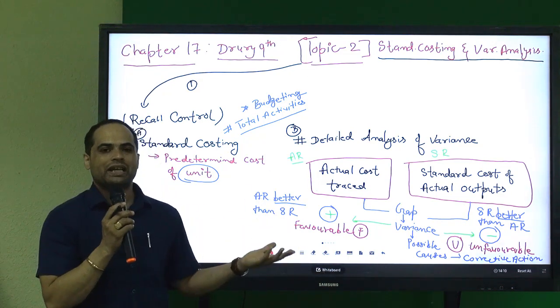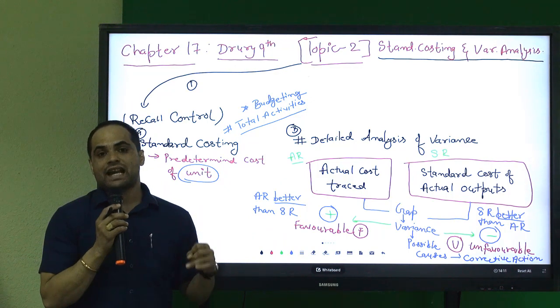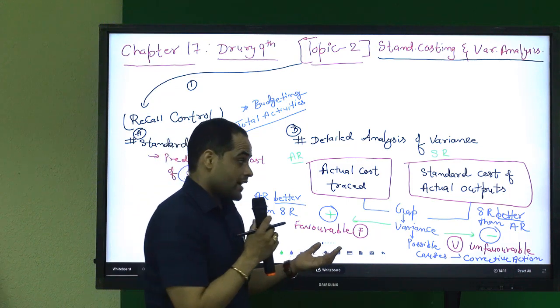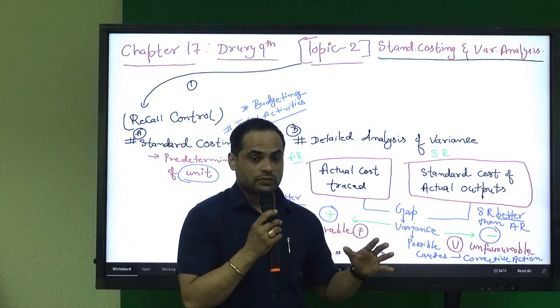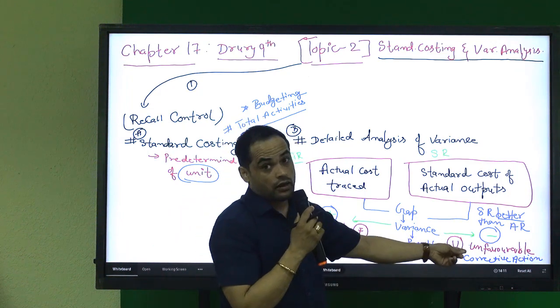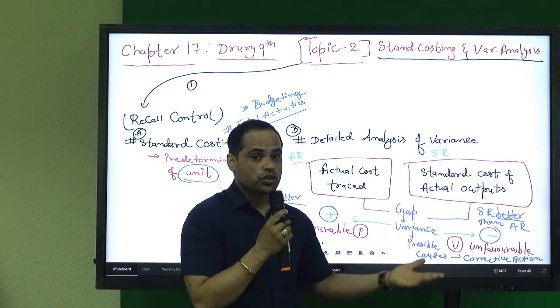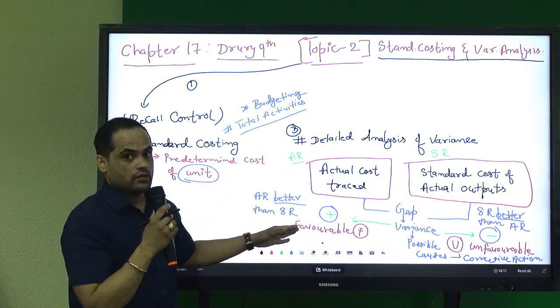In other words, we can say it is a change in the standard estimations, because those standard estimations had something wrong. That's why my results may be unfavorable. So I have to make necessary changes in the future in order to get favorable results.